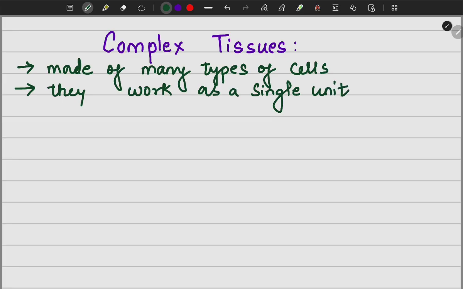Alright, if we talk about the complex tissues, then they are mainly of two types: xylem and phloem.